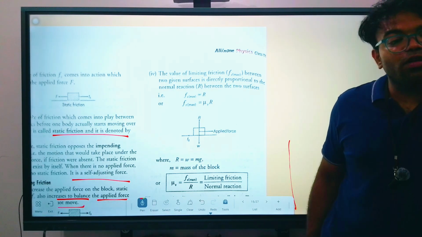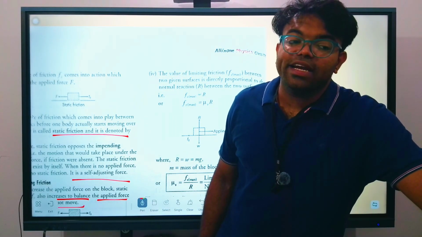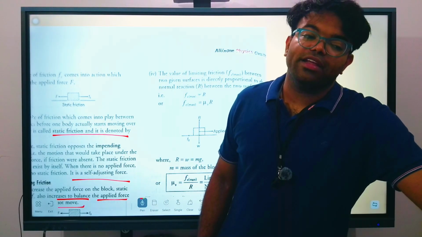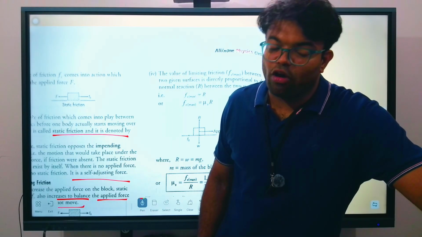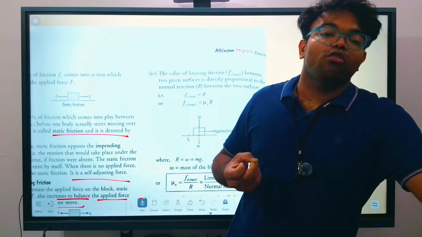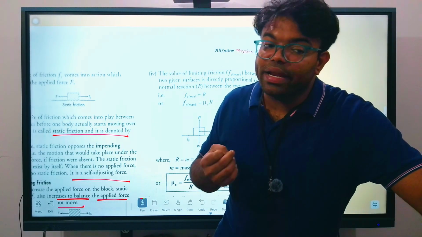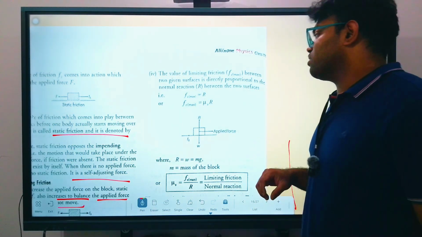And the normal force will always be perpendicular to the surface, no matter how the surface is aligned, whether it is an incline or a decline, or parallel to the surface. Understood? It will always be perpendicular to the surface.